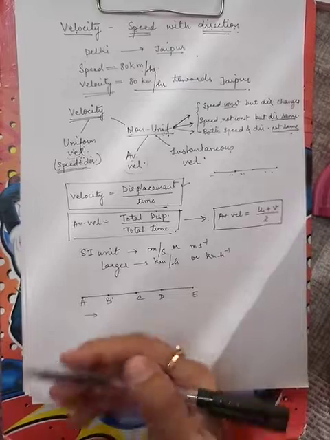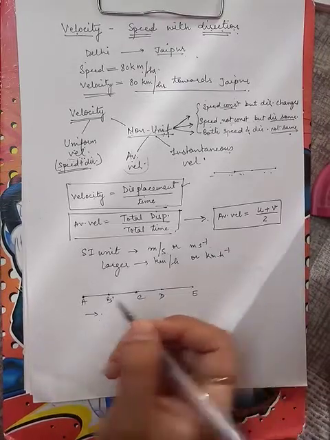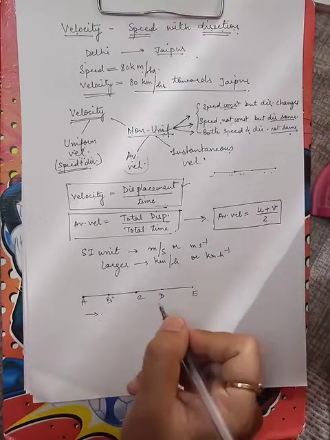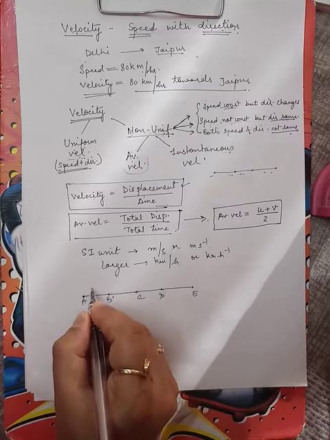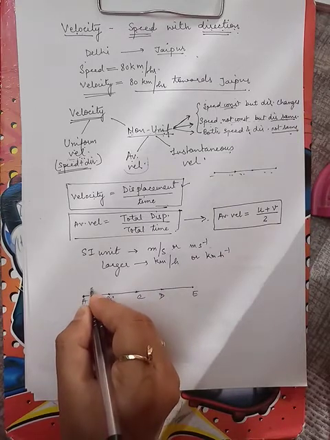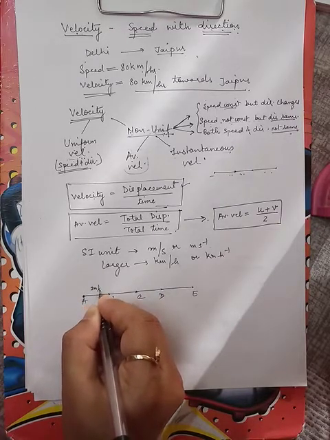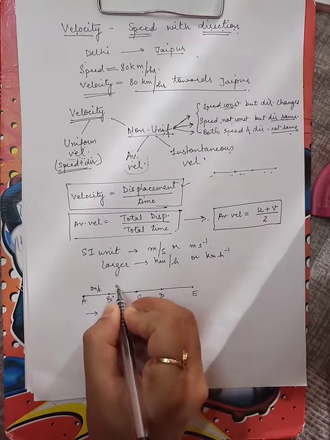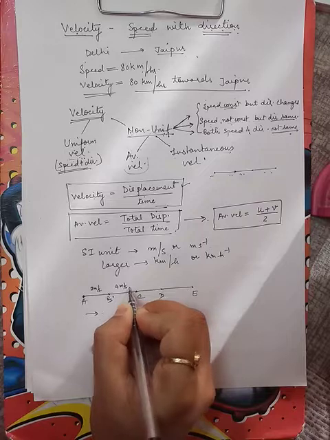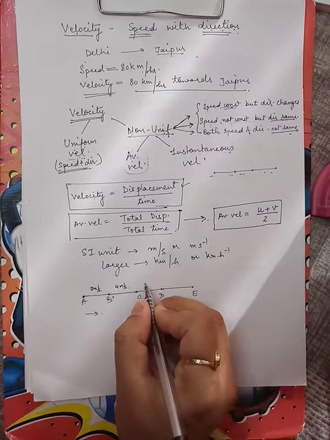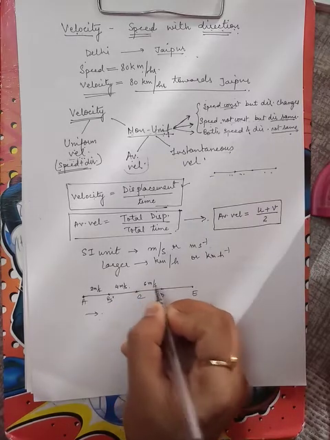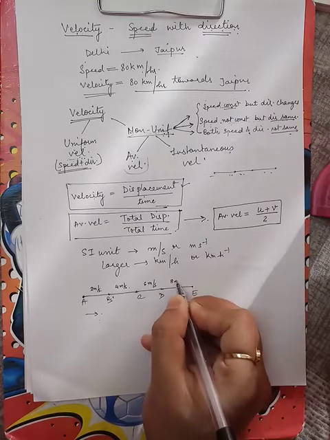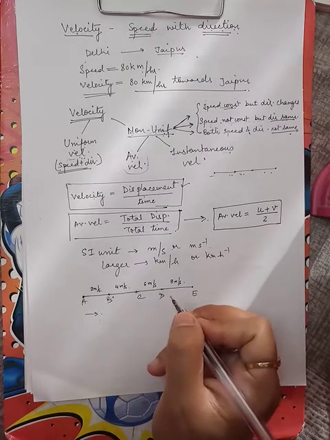Okay, so non-uniform velocity we are having, and we are having the change. If in the first case our velocity is 2 meter per second, and in the second case our velocity becomes 4 meter per second, and in the third case it becomes 6 meter per second, in the fourth case it becomes 8 meter per second.